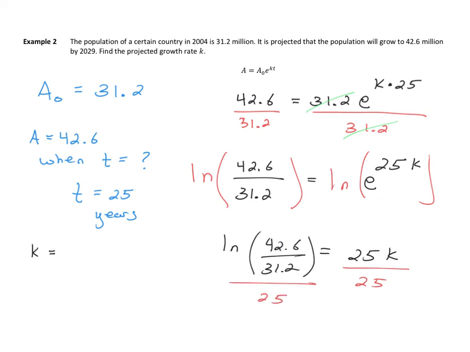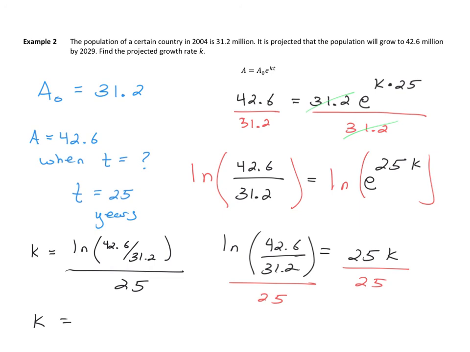K is equal to, as an exact number, the natural log of 42.6 divided by 31.2, and then that whole thing is divided by 25. This is something that we can put into a calculator, and then we'll round it as is appropriate. So let's see. The natural log of 42.6 divided by 31.2.